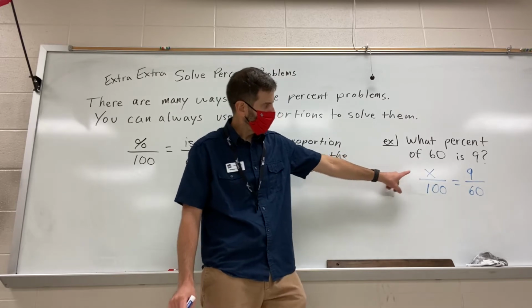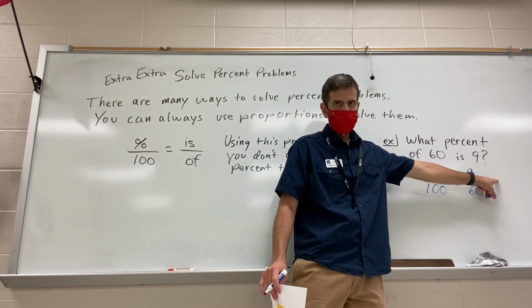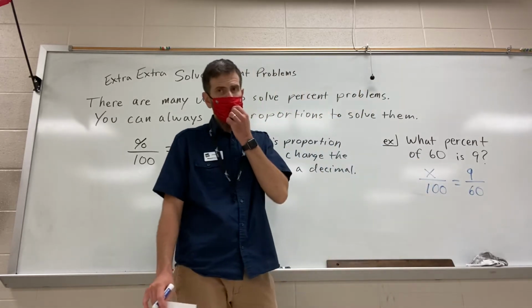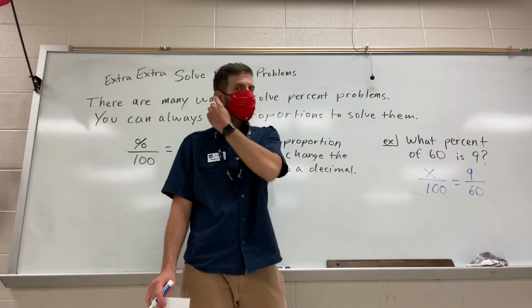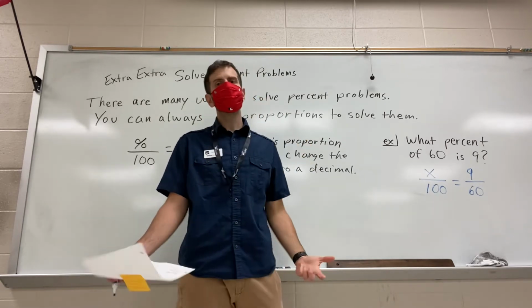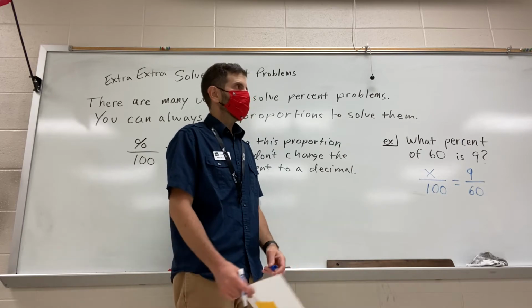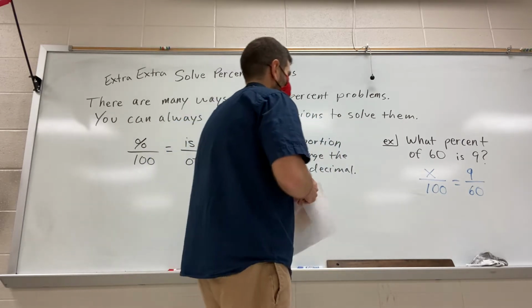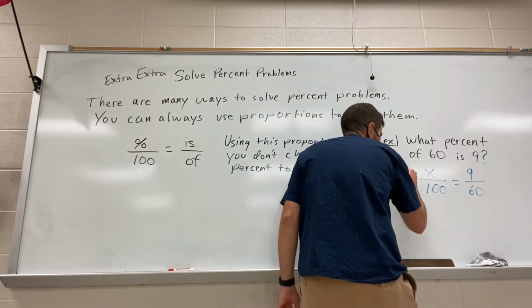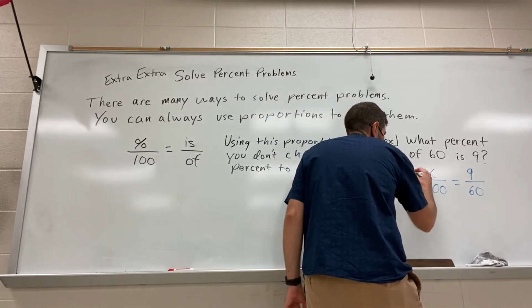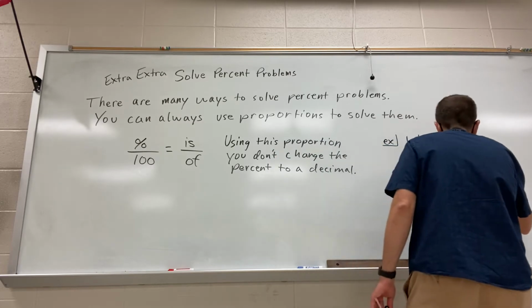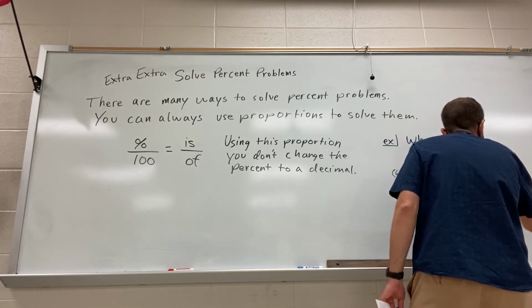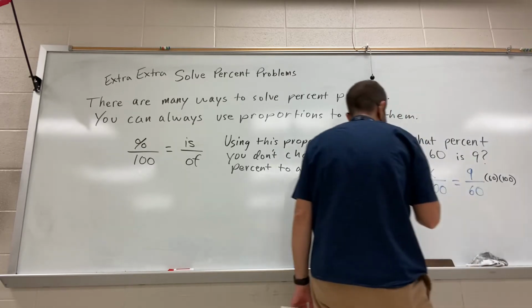You can just multiply by 100 on both sides and you'll be done. Or you can do like we've learned to do, and that's to solve any proportion. You can multiply by both denominators. Either way you want to do it is fine. I guess I'll multiply by both denominators, just for kicks.